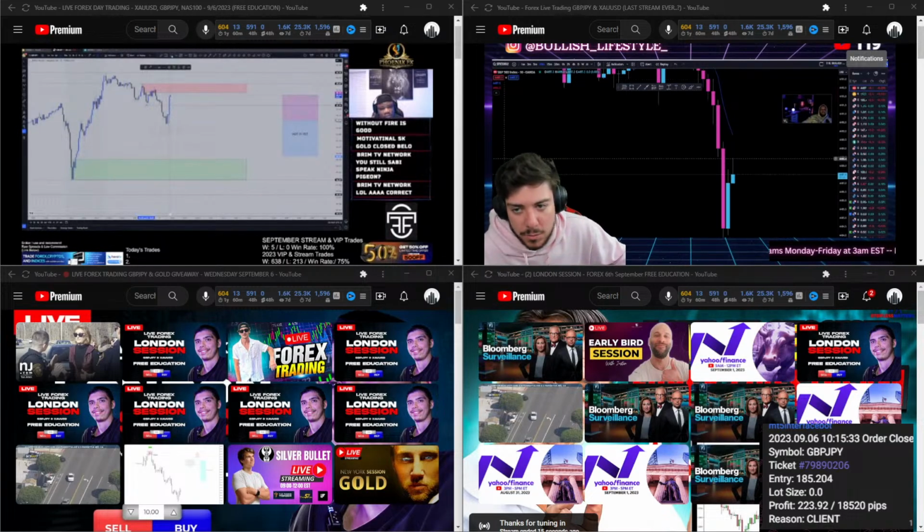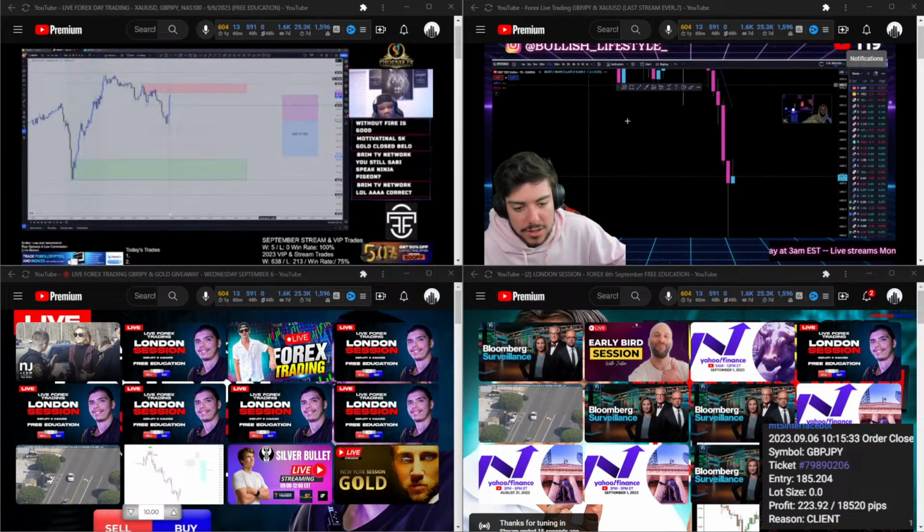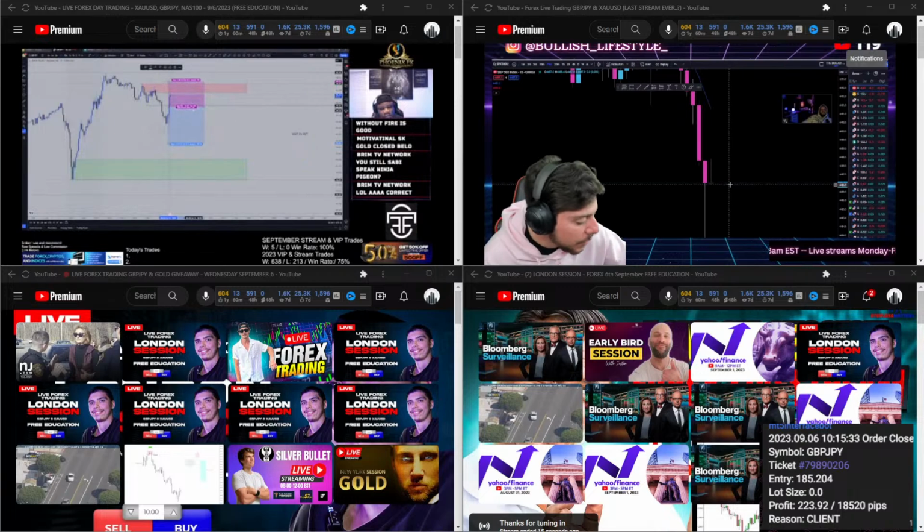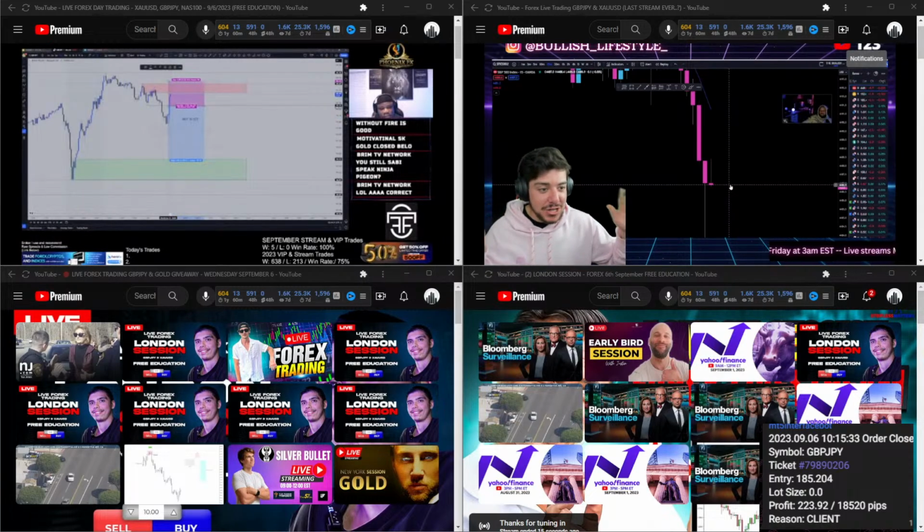If I were to take it at the break of this on the 30, is it still valid even though the 15 is valid? Yes, but then you have to put stops below the 30, not the 15. You couldn't run stops below here because you're taking the idea based off the 30, not the 15. It would be at the bottom of the 30-minute candle. That's the only difference. All right, perfect. Thanks.